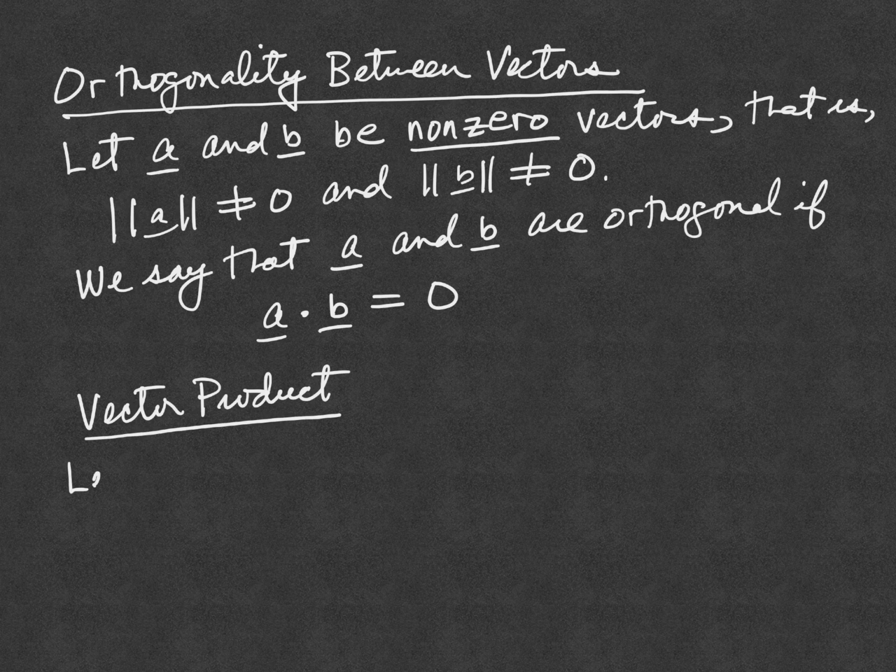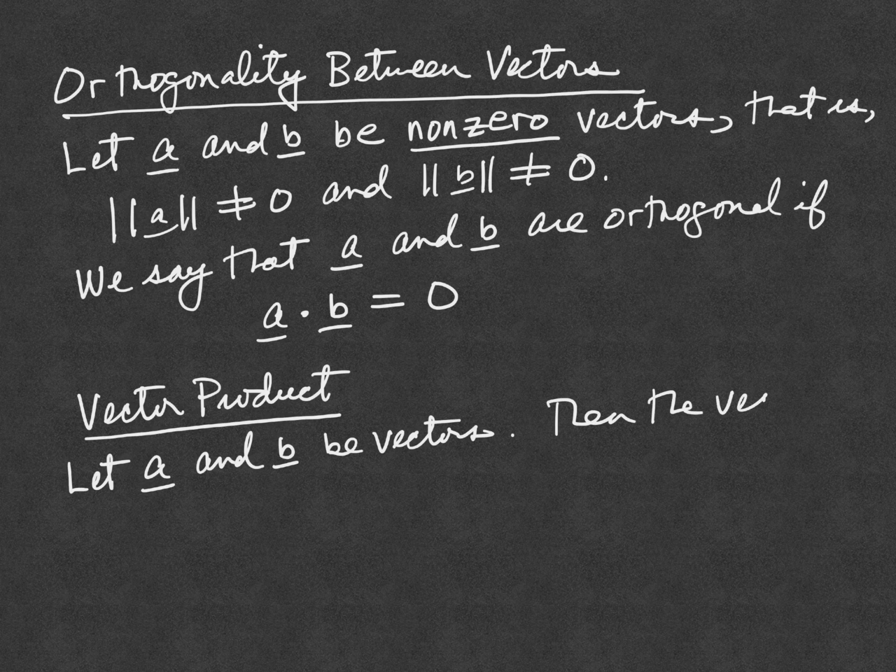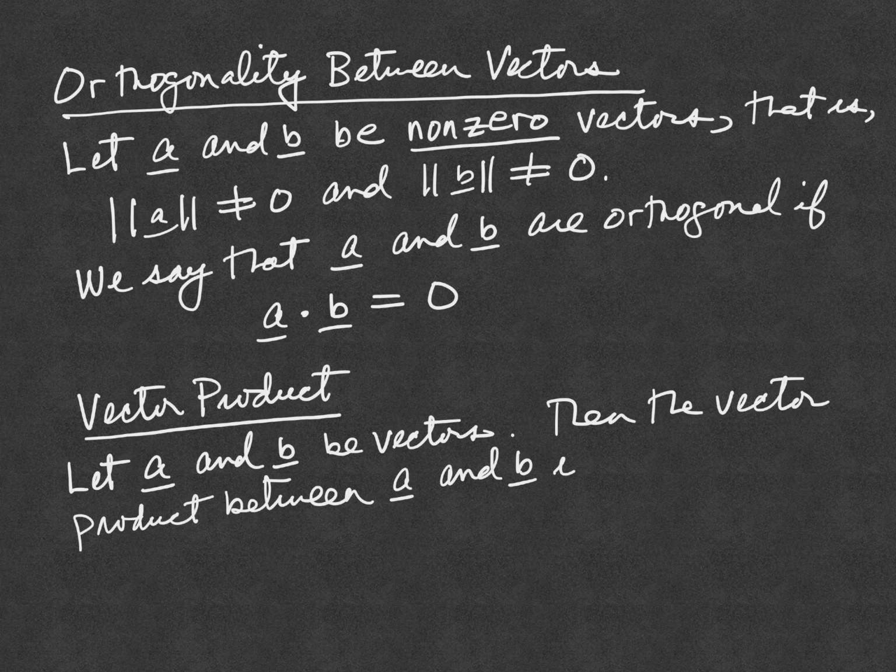So we're going to say let A and B be vectors. Then the vector product between A and B is defined as follows.